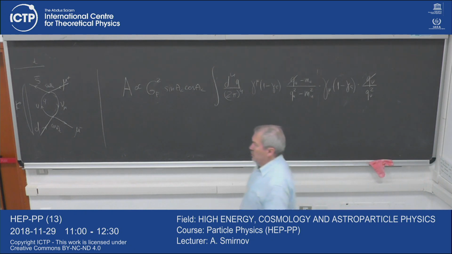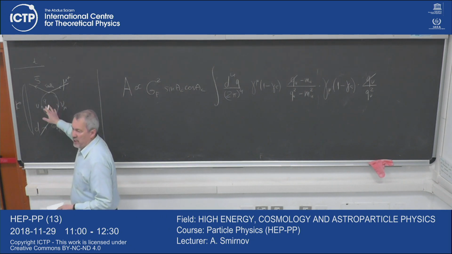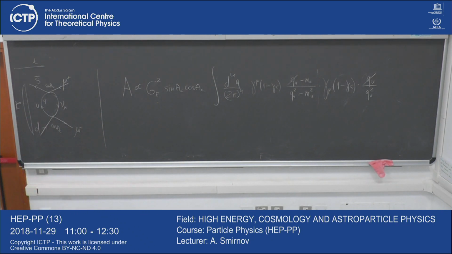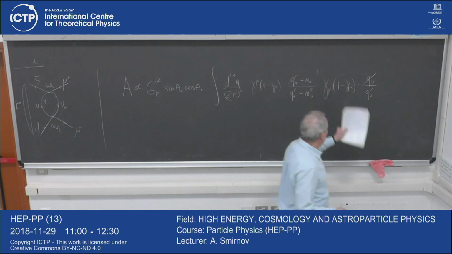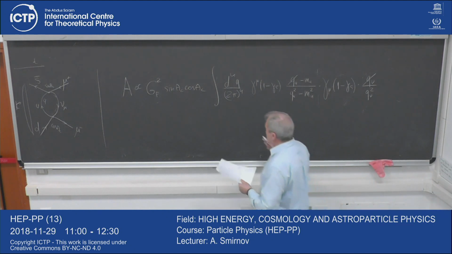Now, usually you need to make integration in principle up to infinity, right? And then you meet this problem with infrared divergences in most cases. And in fact, this diagram is divergent. So you need to make computation of this integral.